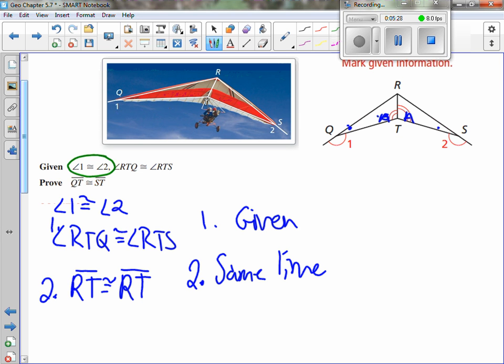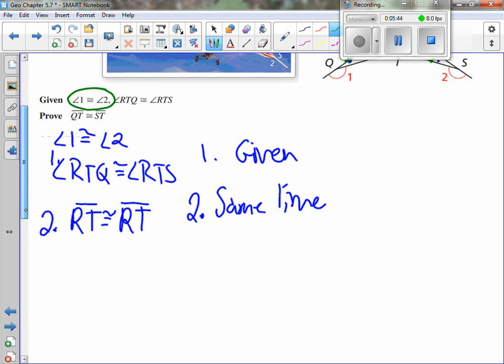So we have the side in the middle, an angle. And if I can show that these two angles are congruent to each other, then we can show that these two triangles are congruent by side angle angle.